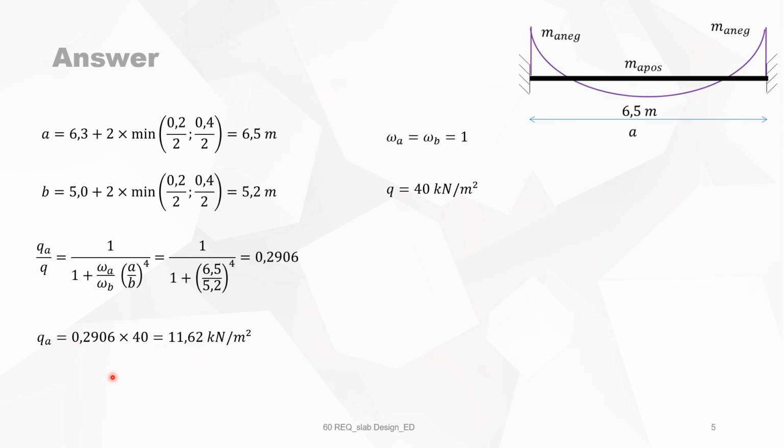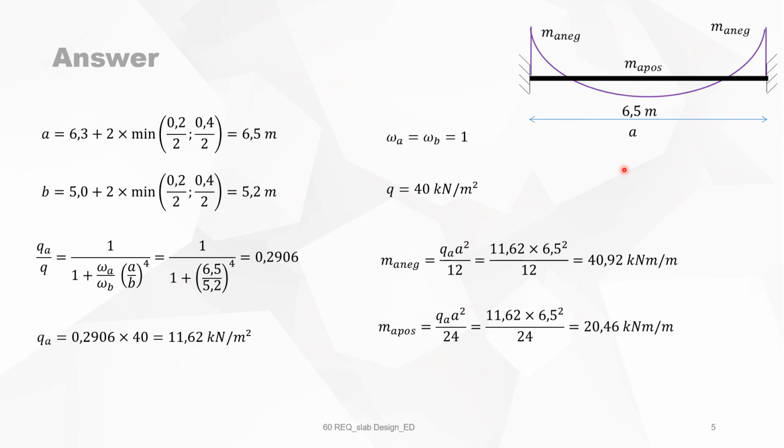So that's the load in the A direction. The negative bending moment at the edges of the slab is then QA squared over 12, which is 40.92 kilonewton meter per meter. And the positive bending moment is QA squared over 24, and it gives you 20.46 kilonewton meter per meter.